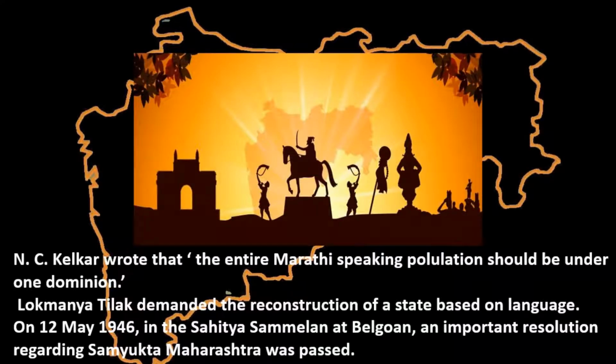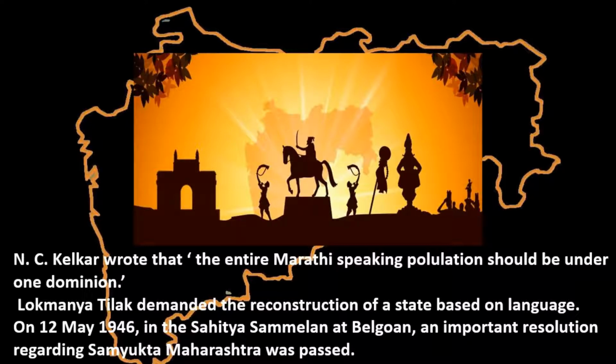After India gained independence, there was a demand on a large scale for the reconstruction of states on a linguistic basis, means based on language. In Maharashtra also, the demand for a state of Marathi speaking people led to the Sanyukta Maharashtra movement from 1946 onwards.